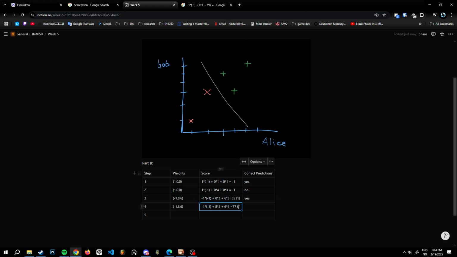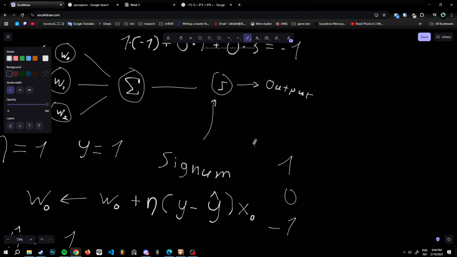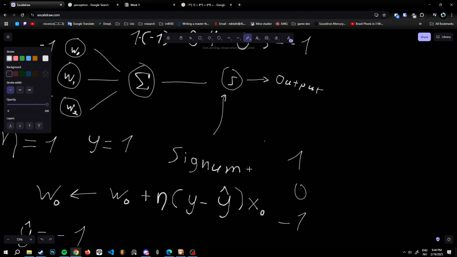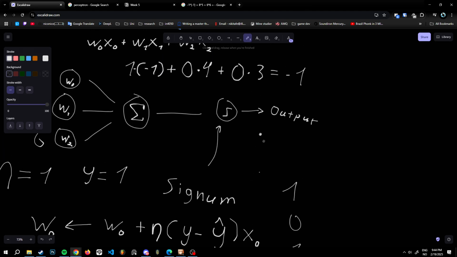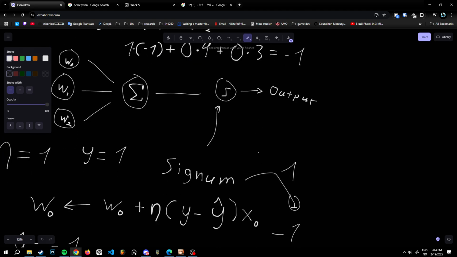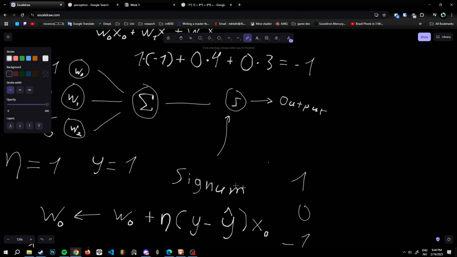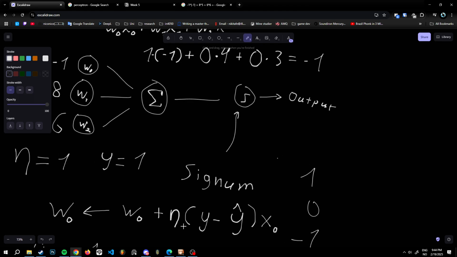Again, guys, what do we do? We put it through the signum function, the step function, which evaluates it to the closest of these 3 values, and the closest of these 3 values is 1, and so we will output 1.